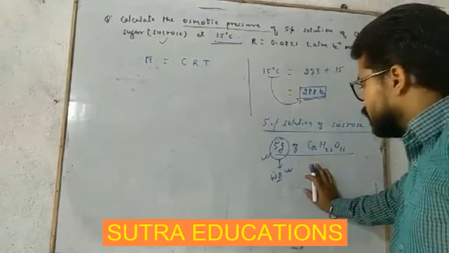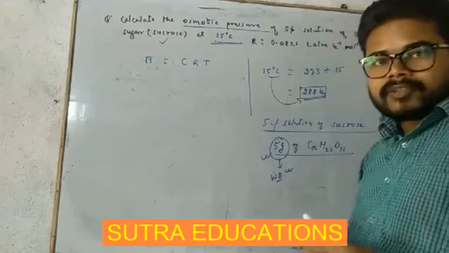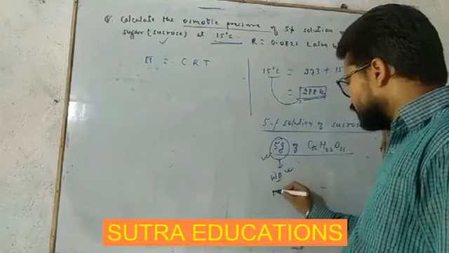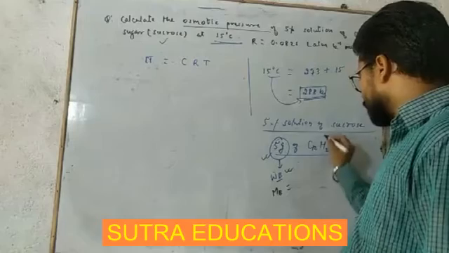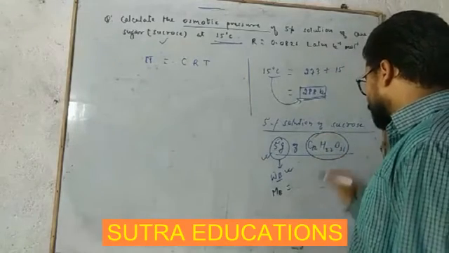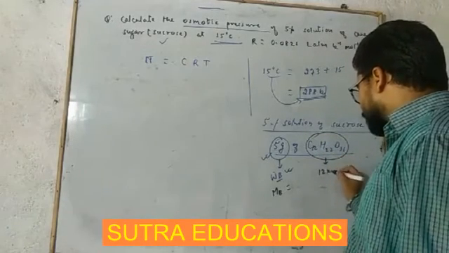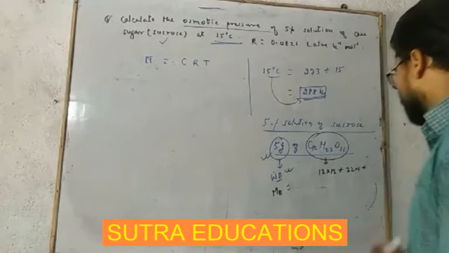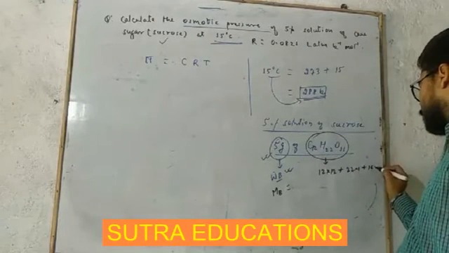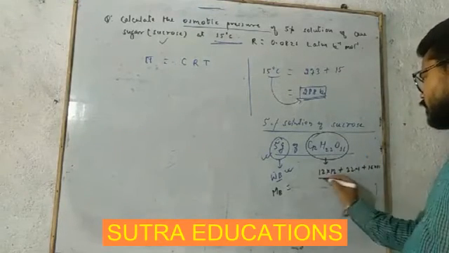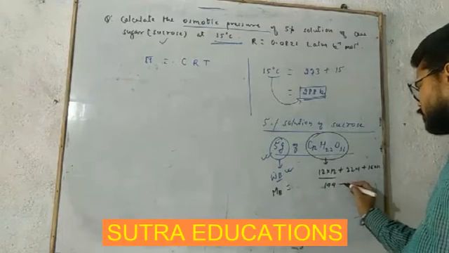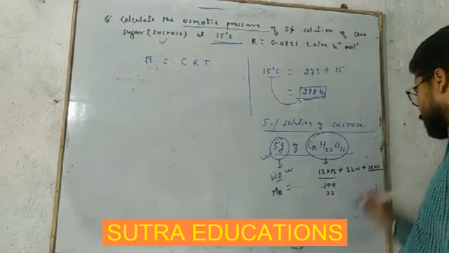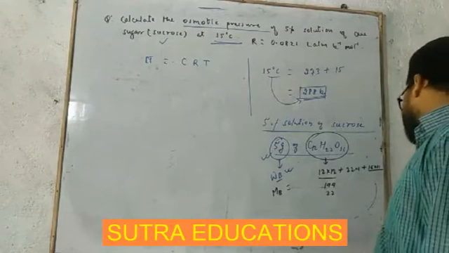Also, if we know the solute, then we can calculate its molar mass. So MB, it is C12H22O11, means 12 into 12 plus 22 into 1 plus 16 into 11. It will be 144 plus 22 plus 16 into 11, which is 176.